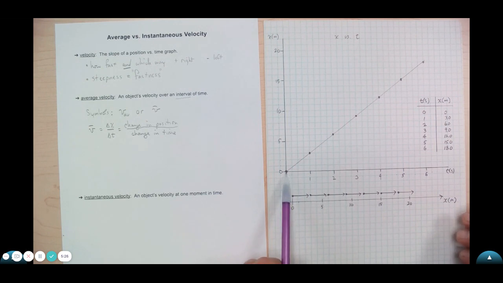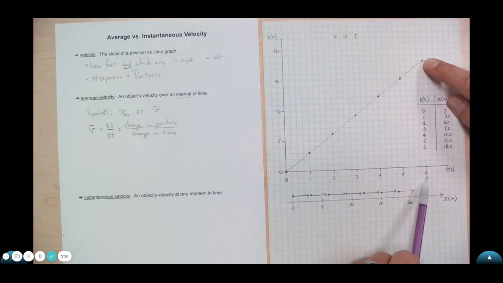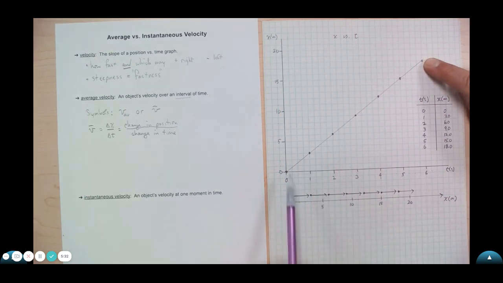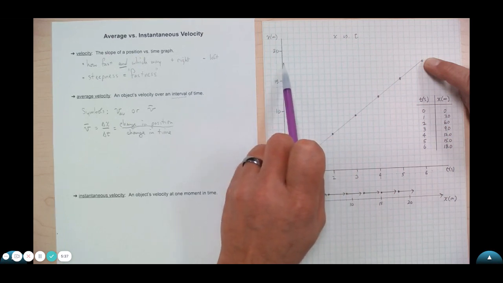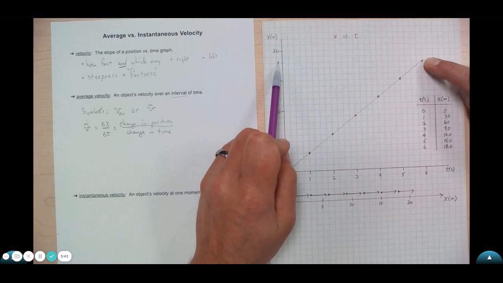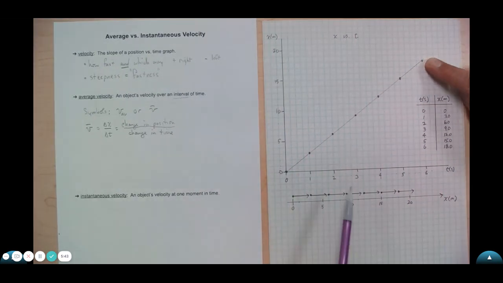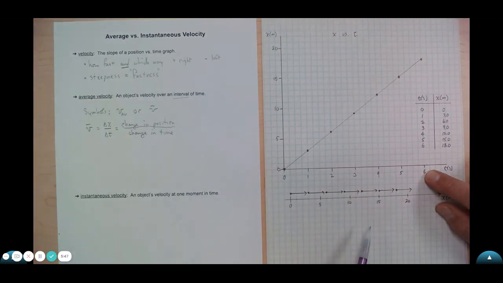Well, my change in position here, if I wanted to find the average velocity over the first 6 seconds, would be 18 meters minus 0 meters. That's the change in position, divided by the change in time, which would be 6 seconds minus 0 seconds.